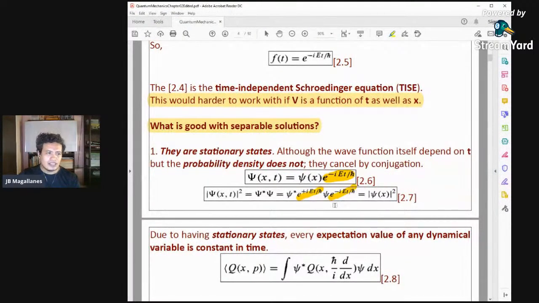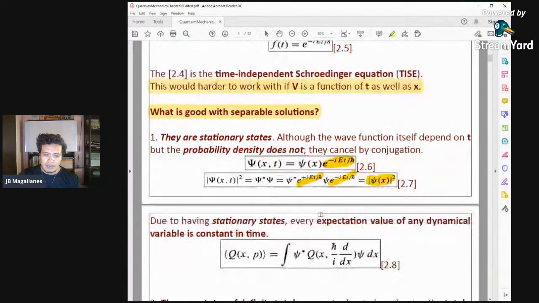These two will cancel, because if you add them, that would be e to the 0. E to the 0 is equal to 1. So you will have phi star phi, and this is just the modulus of phi squared. So in this case, you only have a probability density that is dependent on space, not on time anymore.